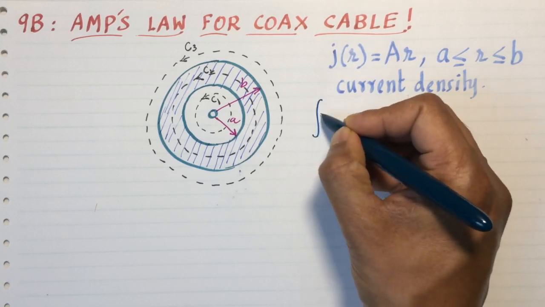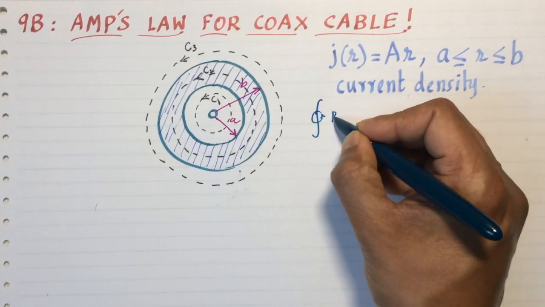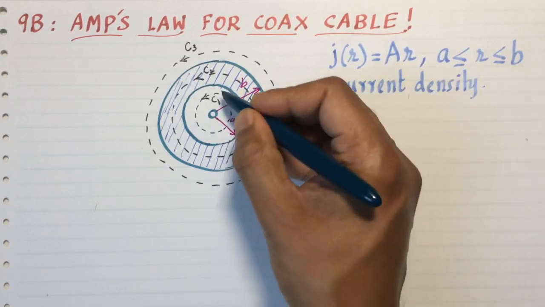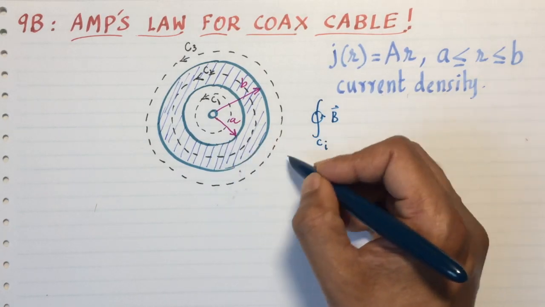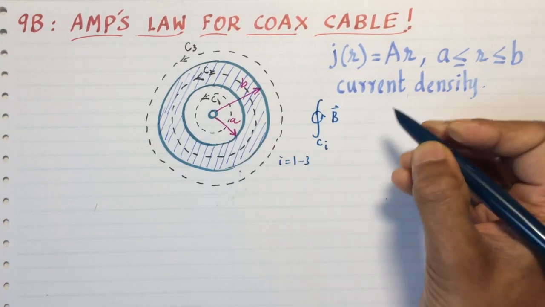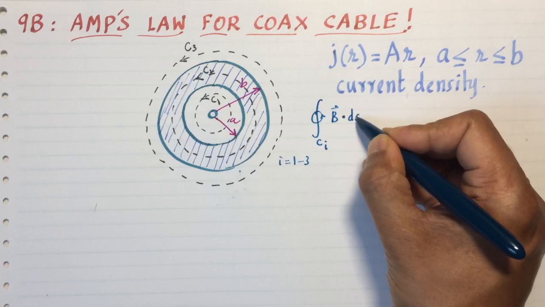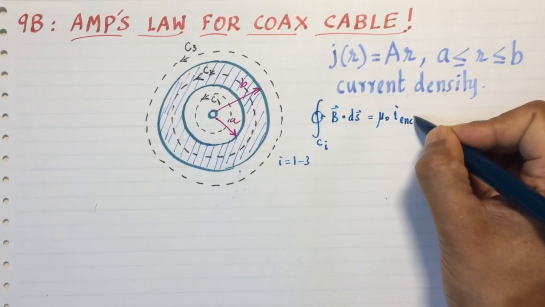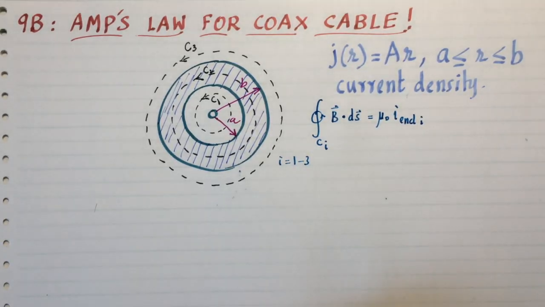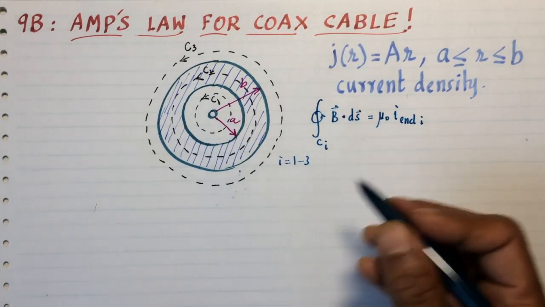So Ampere's law, first of all, is a statement that the circulation of the magnetic field around one of these Amperian loops, so I'll call it Ci, where i goes from 1 to 3, B dot ds is going to be mu naught times the current enclosed in the ith loop.